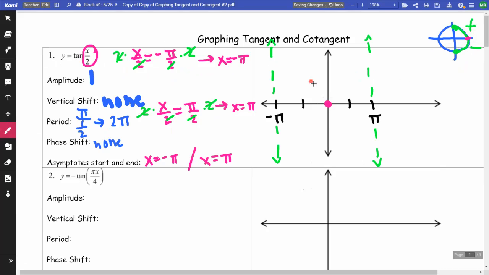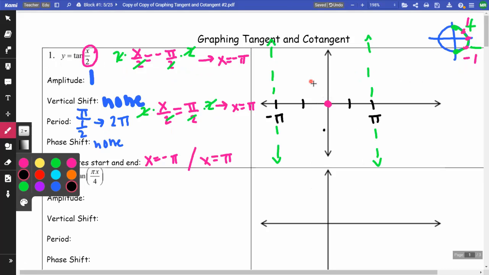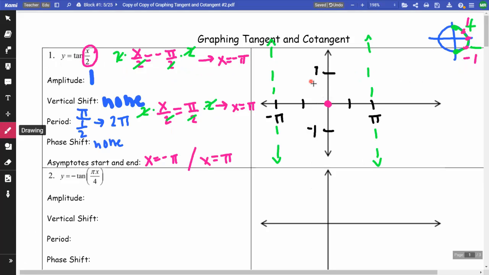And then I'm going to be graphing my -1 here and my +1 here. So first I'm going to have my -1. So let me just actually put -1 here, +1 here. And so I'm going to be starting down at -1. Then I'm going to be at +1, and then there is my tangent.